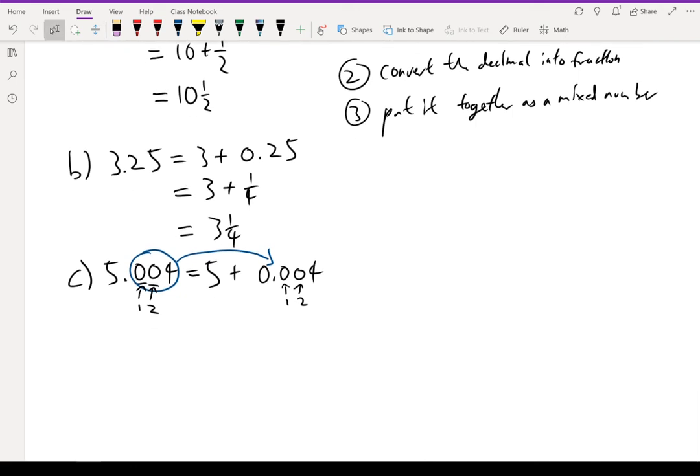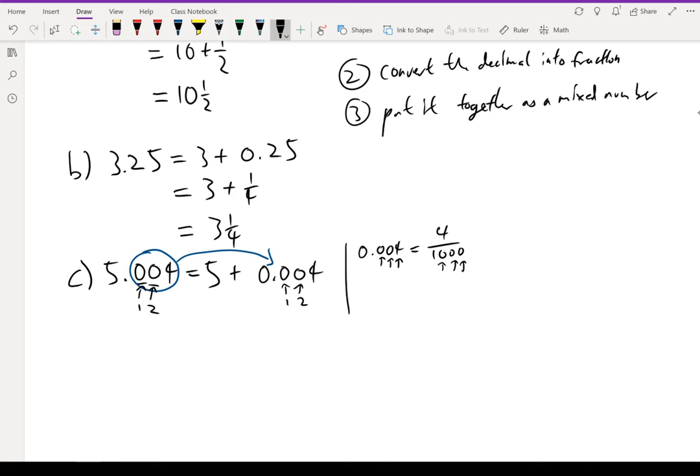We've done this before. And so 0.004, you can do some small working out here. 0.004 is equal to 4 over 1,000. Remember, 1, 2, 3, 3 decimal places. Then you put 1, 2, 3 zeros after your 1 over there.